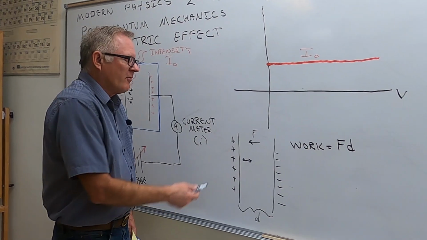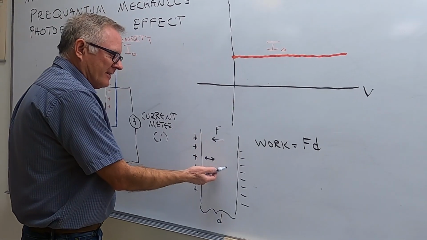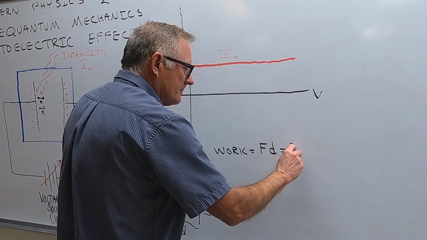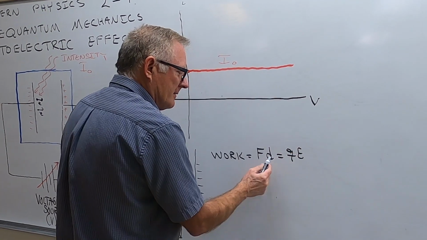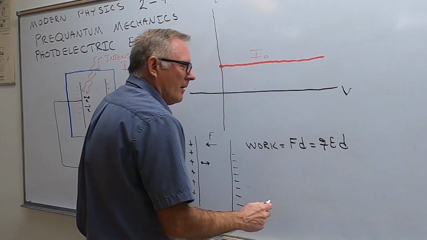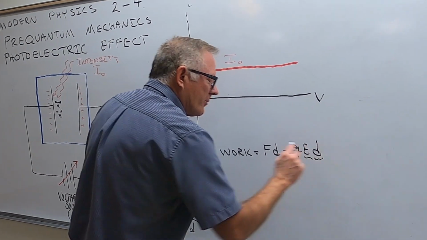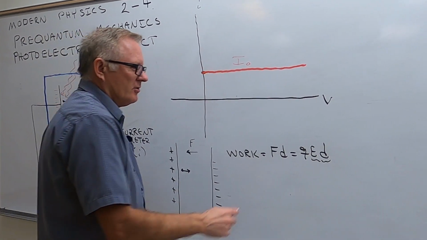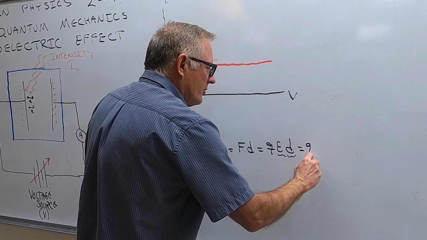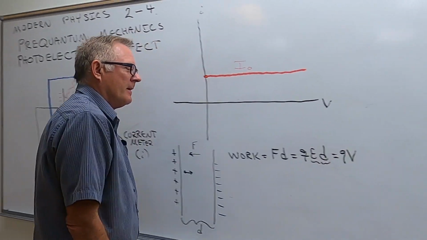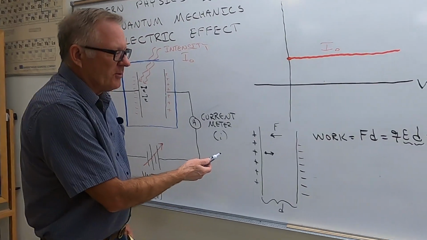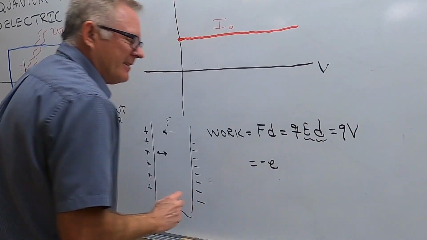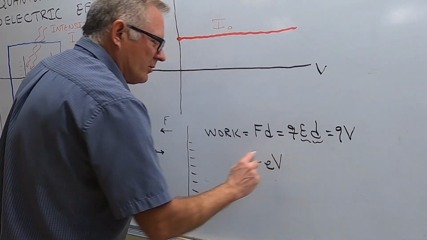And we know what the force is: there's an electric field in here, and it's just Q times E times d. But from electromagnetism, E times the distance is the voltage. So it's just Q times the voltage. And my Q is actually minus e, the charge of an electron. So that's minus e times the voltage.